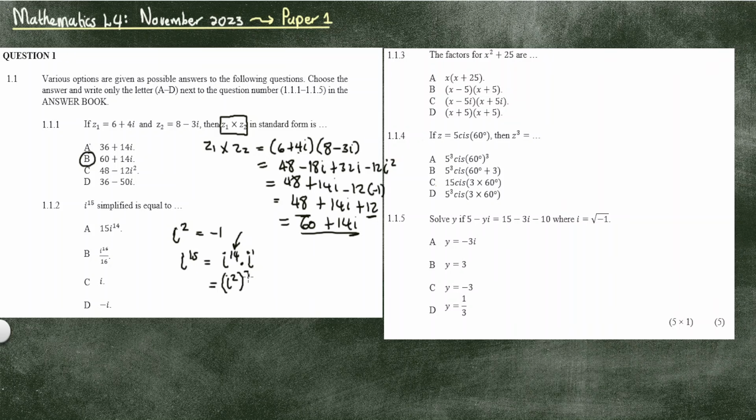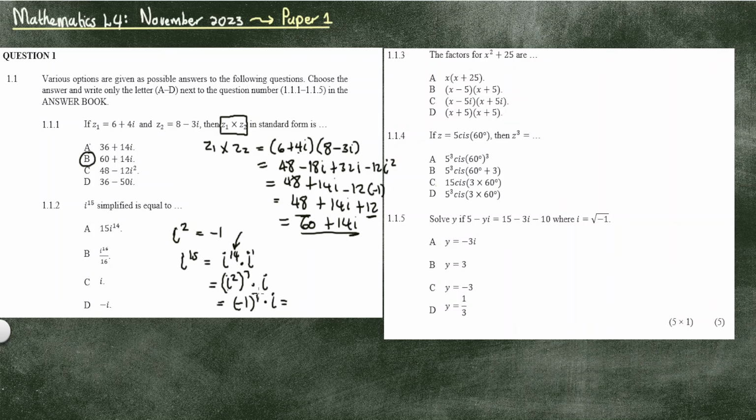That's 7. So when you multiply a 7 by the 2, it's going to bring you back to 14. We then have an i. So i squared is actually minus 1 raised to exponent 7 multiplied by i.